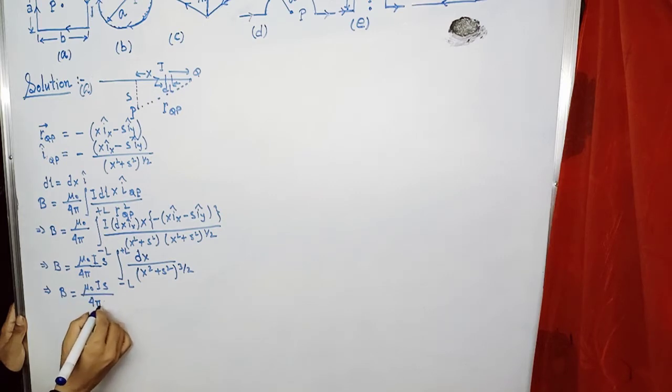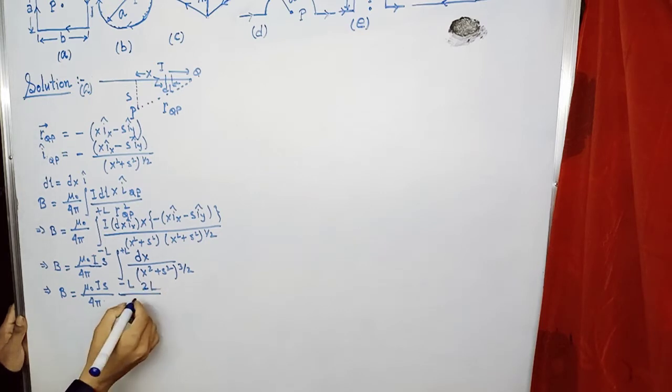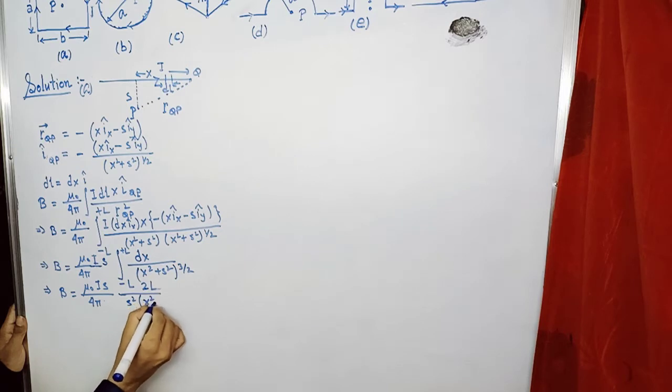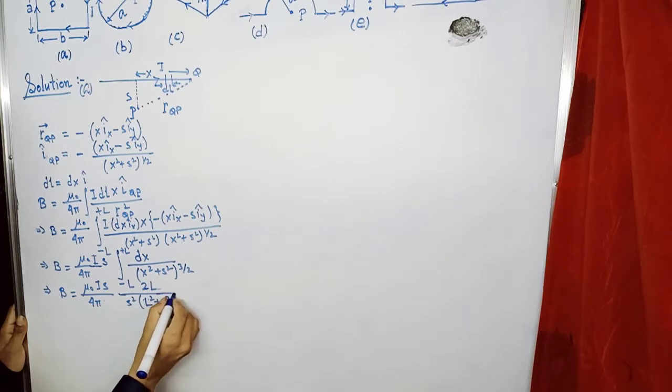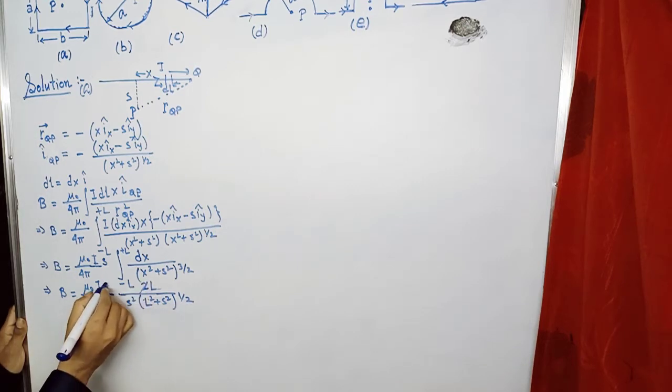into 2L divided by S square into L square plus S square to the power half. Now we can cancel this 2 and this 4, and this S with the S square.